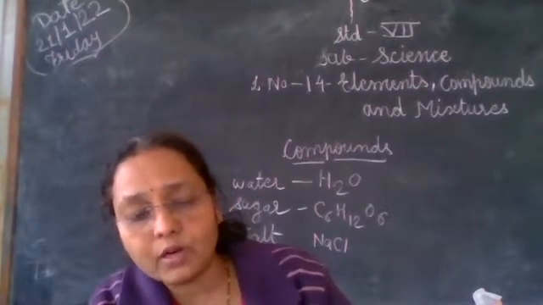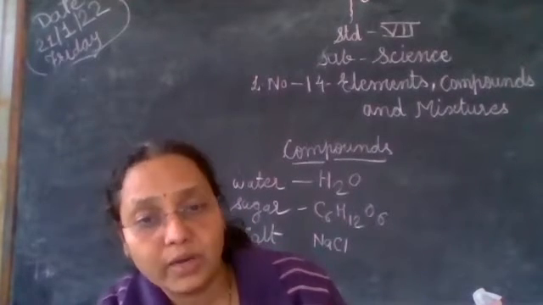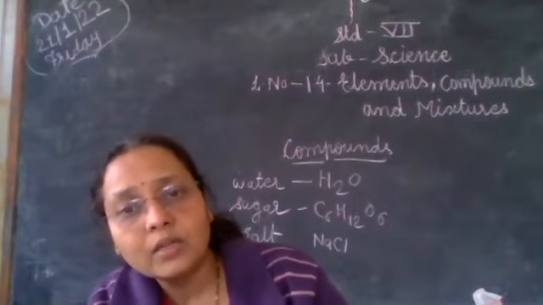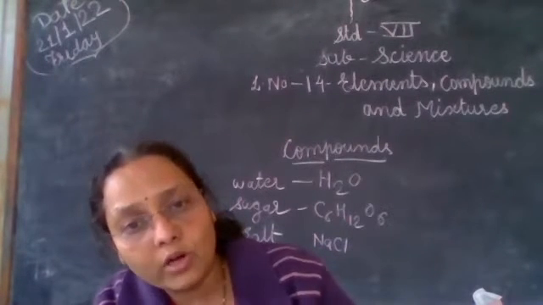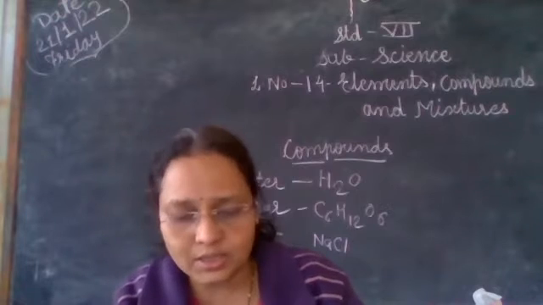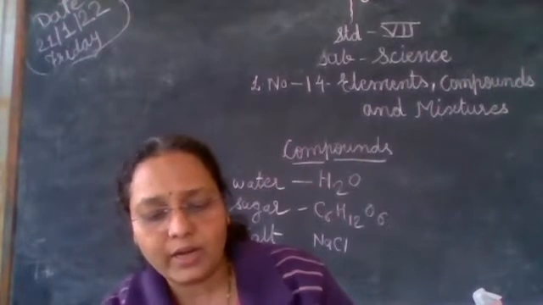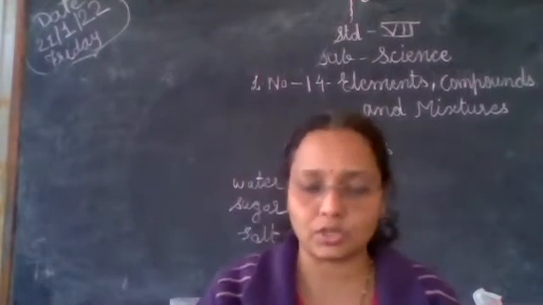The properties of a compound are different from the properties of its constituent elements. Hydrogen is an element, oxygen is an element, but when they combine and form the water molecule, its properties are different. Hydrogen gas is inflammable and oxygen is required for combustion.